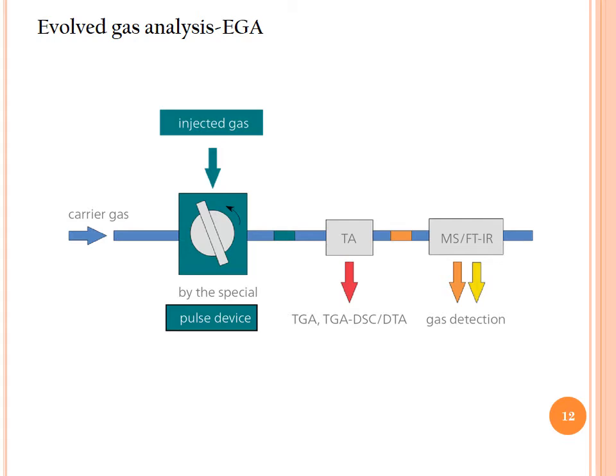This gas evolved by thermal analysis like TGA, DSC, and DTA is then put into another technique, that may be MS or FTIR. They depend upon the target analysis: which kind of gas is evolved during the thermal analysis, and which technique is to be coupled with the thermoanalytical technique. This is the block diagram explanation for the hyphenation of two techniques, meaning the coupling of two analytical techniques.